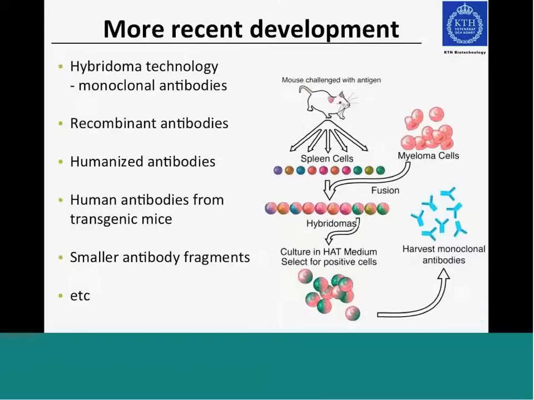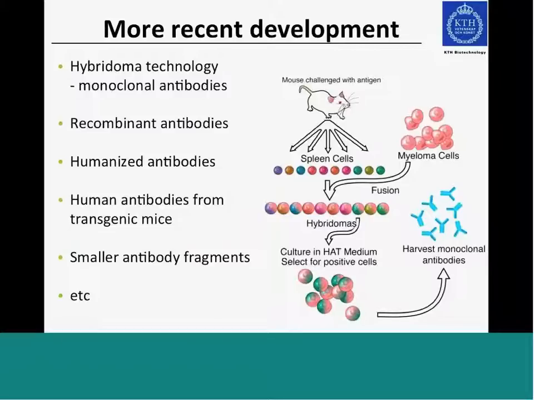Since the beginning of antibody engineering, a lot of things have happened. There are just some examples. For example, antibodies can now be generated in vitro by hybridoma technology, where cells from a mouse are fused with cancer cells to provide the source for monoclonal antibodies, which can be reused.